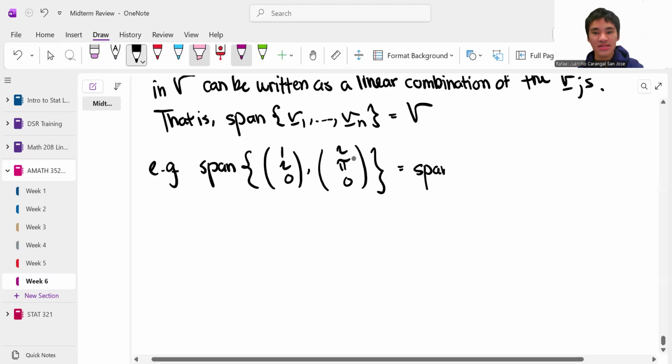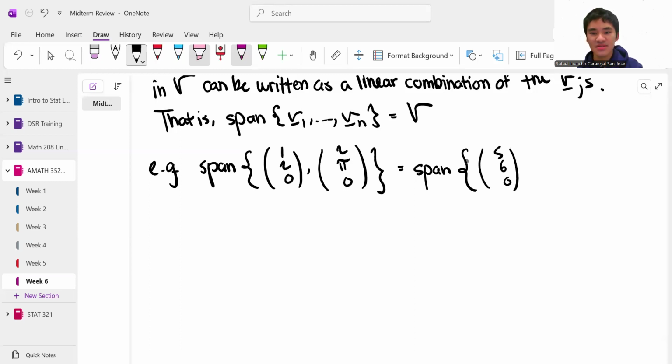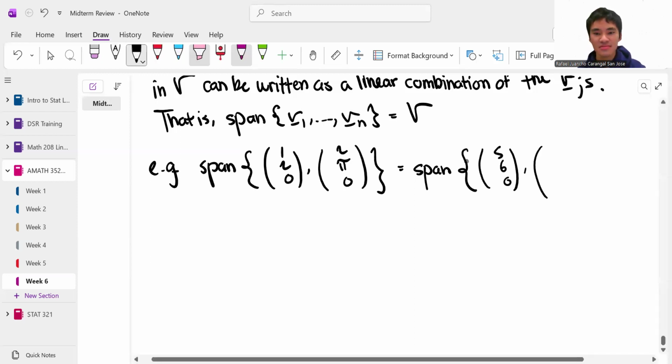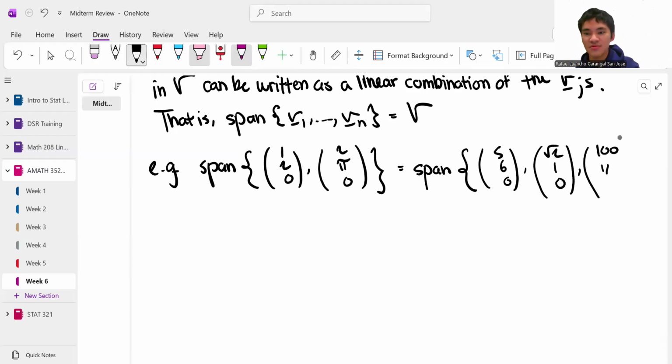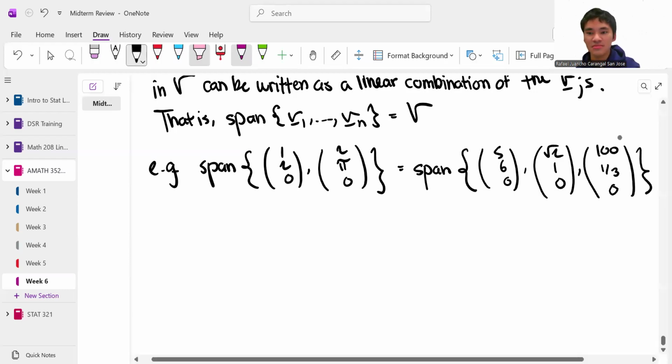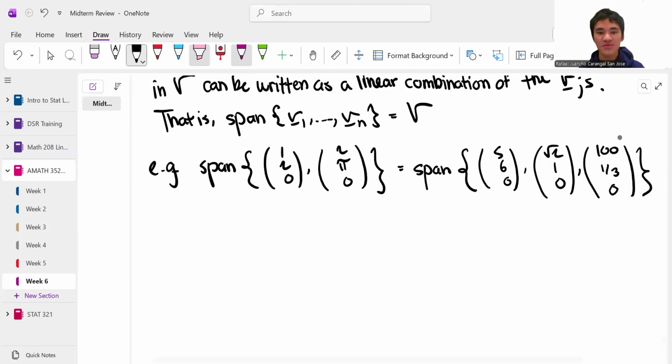We say that this span is equal to this span: 5, 6, 0, square root 2, 1, 0, then maybe 100, 1 over 3, 0. So the span of those two things are equal.